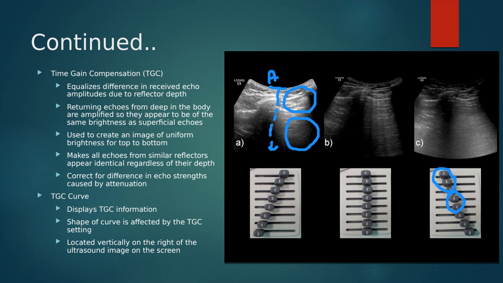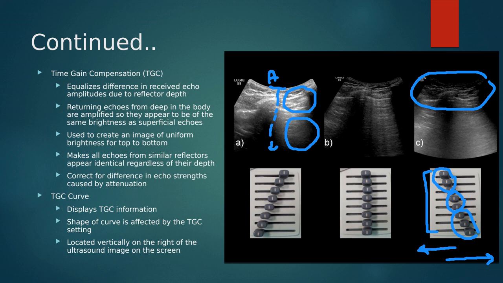When we move anything in our TGC curve to the left, we're making it darker. When we move any of the controls to the right, we're making it brighter. So in the picture representing this curve, the top part of our picture is dark and the bottom part is brighter.